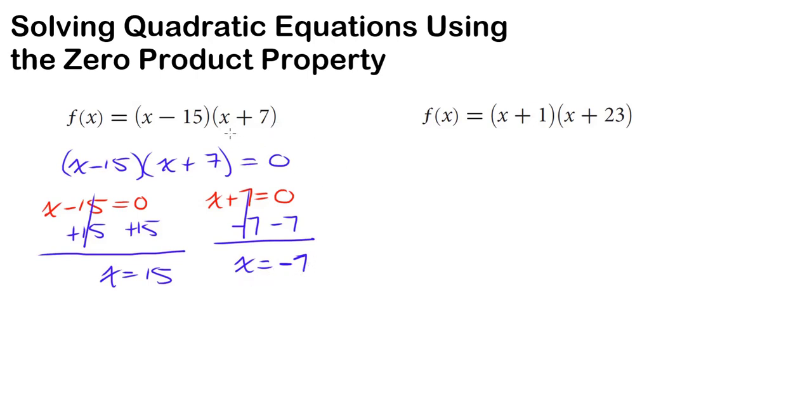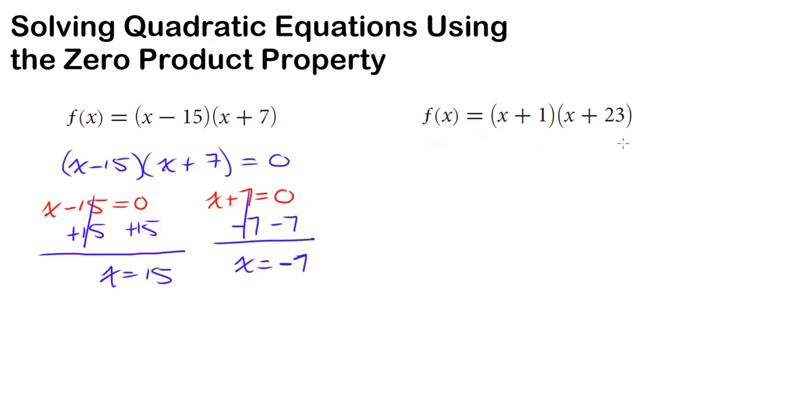And again, what would I have to add to positive 7 so that I end up with a 0? Well, that would be negative 7. So a trick that you can use when your binomials have an x that has a coefficient of 1, like these do, is your x-intercepts or your zeros are simply the opposite of these numbers. Here I have a negative 15, and my x-intercept was positive 15. Here I had a positive 7, and my x-intercept was negative 7.